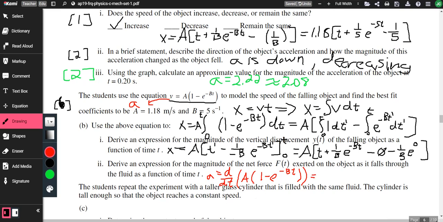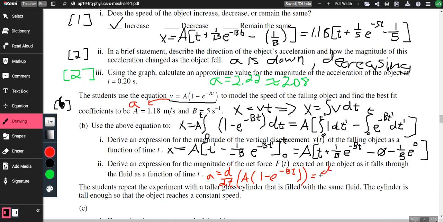The 1 actually goes away because when we split it up, we'll have the derivative of a minus the derivative of a times this e function. So really, I'm only going to focus on this.